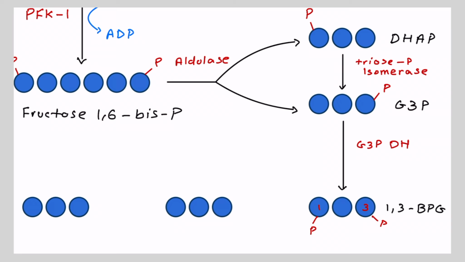And the dehydrogenase enzymes are going to be catalyzing a redox reaction, a reduction oxidation reaction. What is getting oxidized in this reaction? In this reaction that we have over here, our glyceraldehyde 3-phosphate is getting oxidized, which means it's losing electrons.